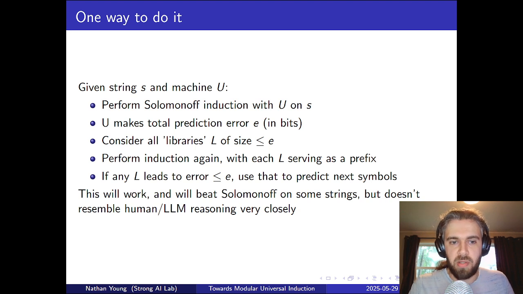We consider all those libraries as prefixes to potential programs on U. Then we perform Solomonoff induction again with every individual library that can serve as a prefix of size less than or equal to E. And if any library leads to less error than the machine without the library, we use that to predict the next symbols. And if there are multiple, which if there are any, there'll almost certainly be multiple, we use the one that has the lowest error.